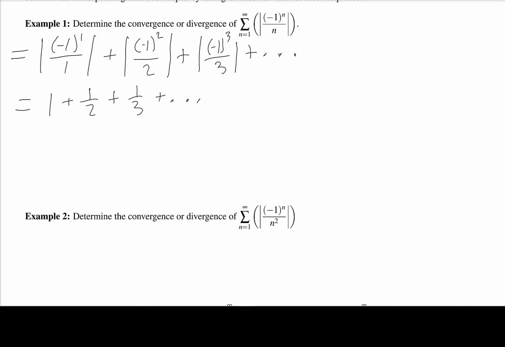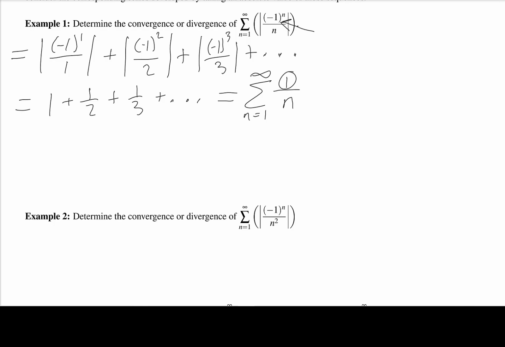And so we can really say that this is just the sum from n equals 1 to infinity of 1 over n. Because we're taking the absolute value of everything, this negative 1 no longer matters, and 1 to any power is going to give us 1. That's why I'm rewriting this as 1 over n.